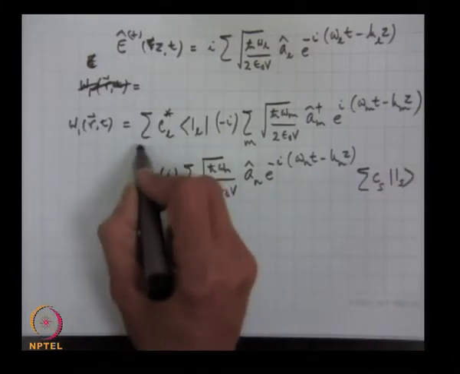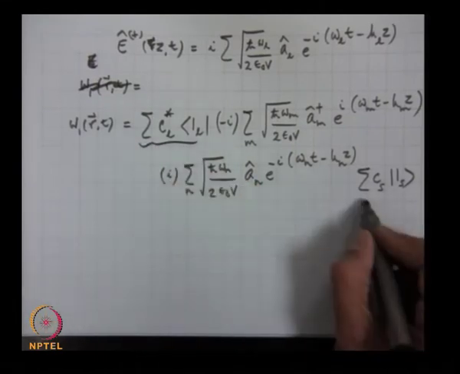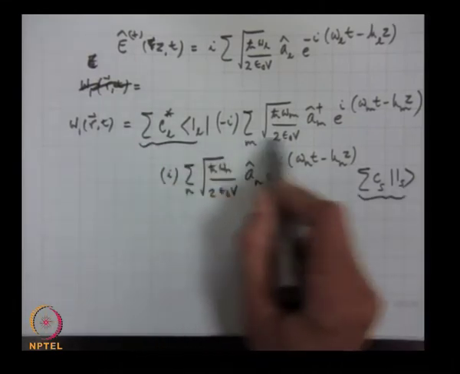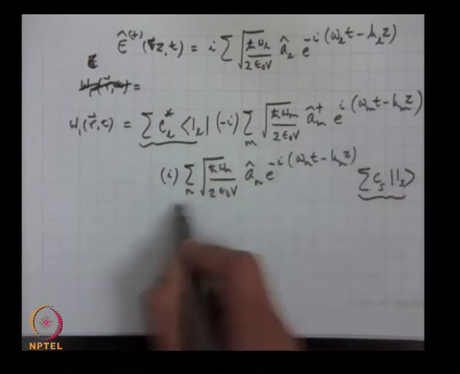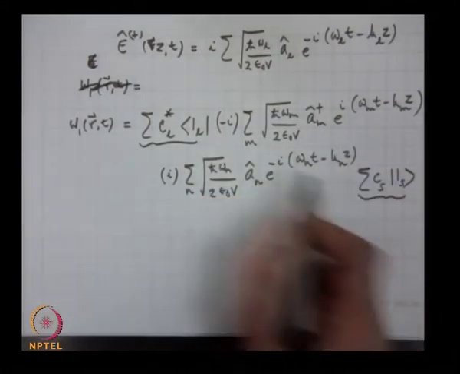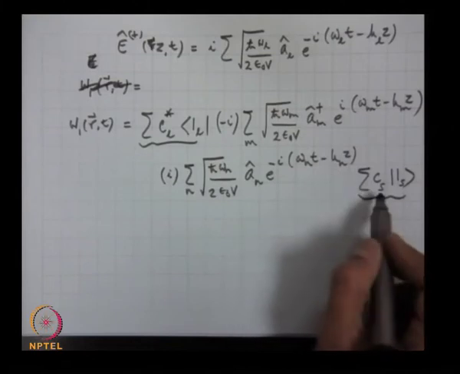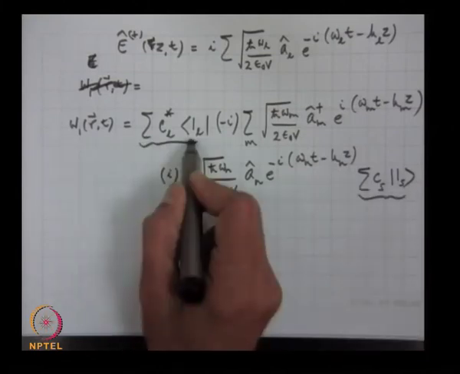So this is bra psi, this is ket psi, this is E minus, and this is E plus operator: bra psi, E minus operator, E plus operator, ket psi.